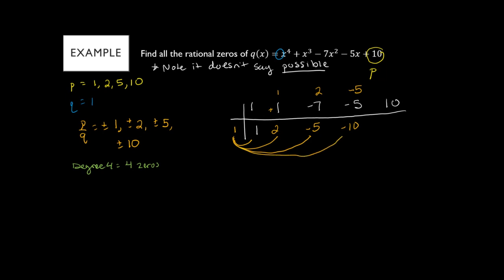And then 1 times -10 is -10. -10 plus 10 is 0. So I'm just doing multiplication and addition. I don't even need my calculator here. So I got 0. So what that tells me is that this is a 0. X equals 1 is a rational 0 of q of x because we got 0 in our final box.